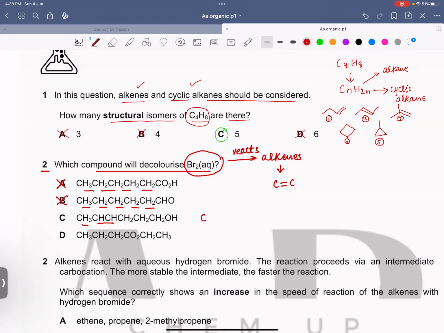If I draw it as CH3, then CH, after that CH there must be a double bond, and then there is a CH again, because both have CH. And then we have a single bond CH2. So yes, this can be our answer. If you look at the last one, we have a CH3 and then CH2s only. So D is not considered as the answer. It is also wrong. So C is our correct answer. Is this understandable to everyone? Okay.